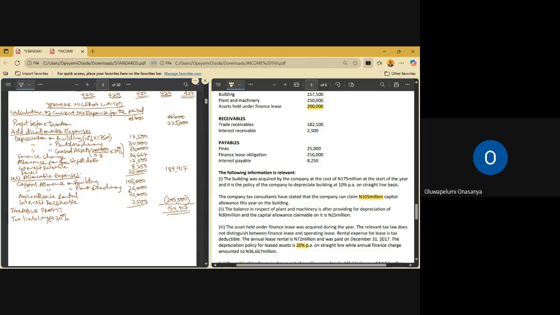So what do we have as the 204,500? Okay. So what do we now have as the taxable profit?